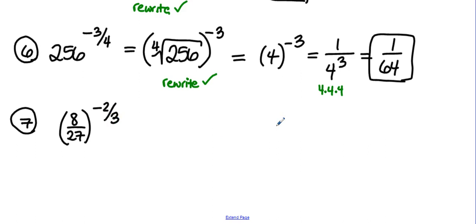We have all of the properties and tools in our toolbox to do this. So no matter what this looks like, this is a power that I can send into this fraction. So power of a power says that I will apply this to each term. So that's going to be 8 to the -2/3. I send it into the numerator and to the denominator.